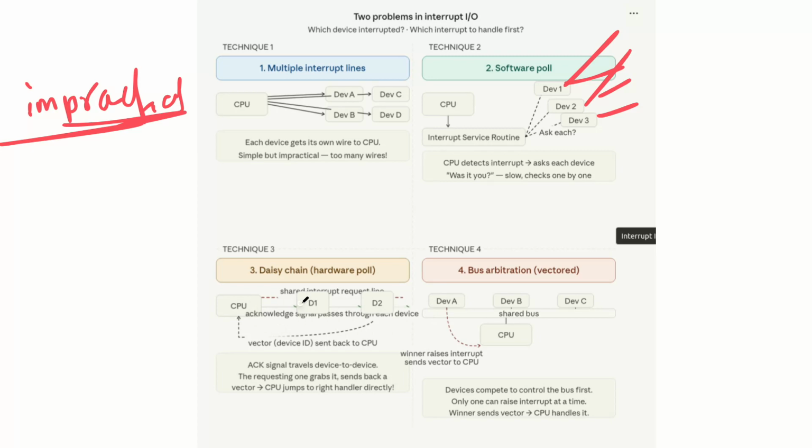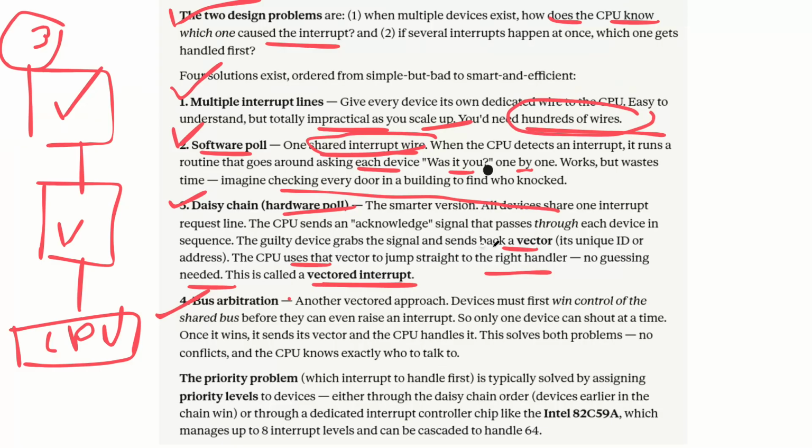The acknowledge signal goes to each device, and the device which caused the interrupt sends the vector back to the CPU. Vector means the device has a unique ID or address, right? Using this vector, the CPU jumps straight to the right handler.